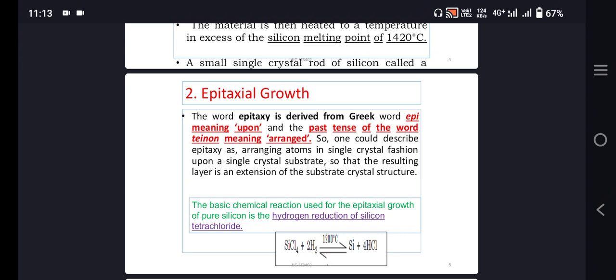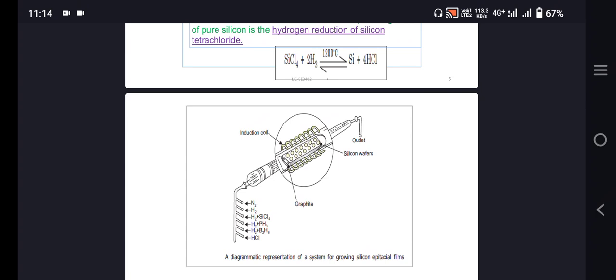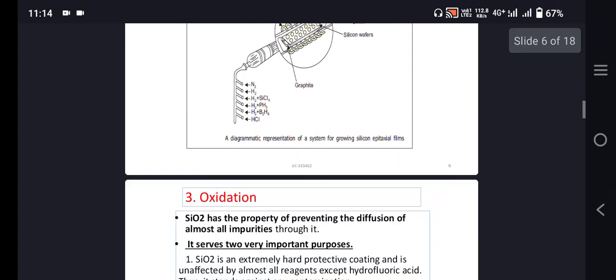Silicon tetrachloride is mixed with the hydrogen, means the hydrogen is combined with the chlorine becomes hydrochloride. Then we will get the pure silicon. The process normally takes place at 1200 degrees Celsius. The epitaxial growth procedure is represented in this diagram.